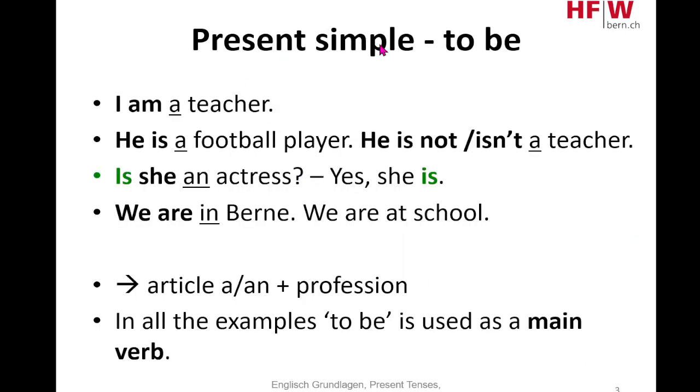One more present simple to be, with examples to help you understand more exactly how to use it. I am a teacher. I am a teacher. Here, I am a teacher is used to describe the subject in the present simple that is true, a fact, true for a long time.